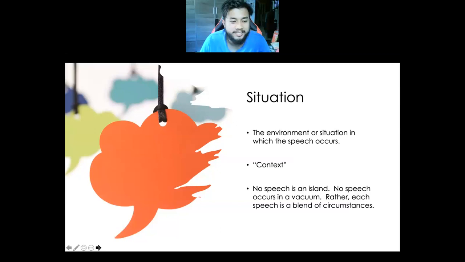So you need to know what type of tone and rhythm you want to use in the speech. But if the speech involves a school or kindergarten kids, you should know how to adapt to that kind of situation.